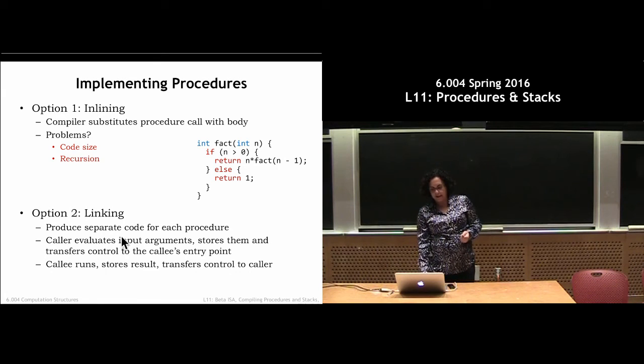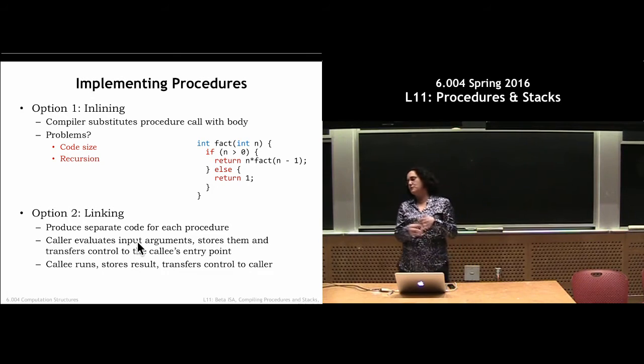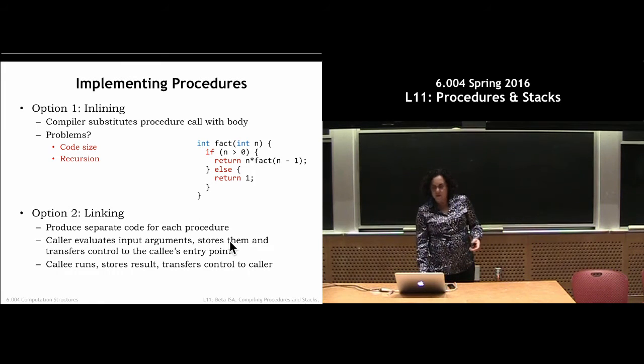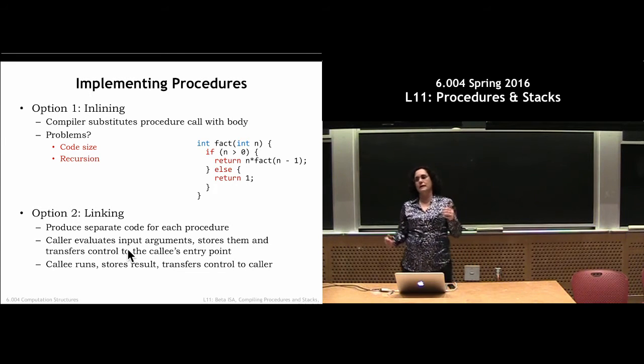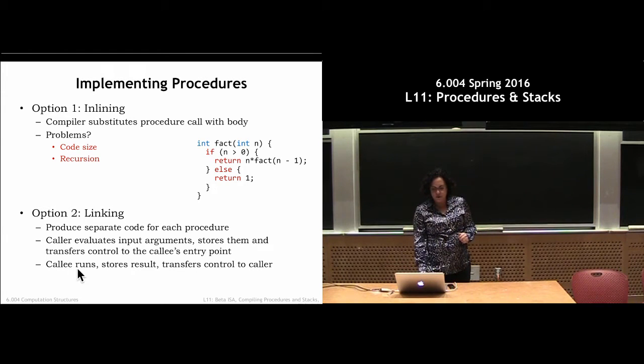On the calling side, you have to pass some input arguments, and if you need to do some evaluation in order to figure out what those arguments are, then you need to do that as well. You also need to pass control to the procedure itself, so that it can do what it needs to do. Once you pass that control, the code associated with the procedure is going to run.